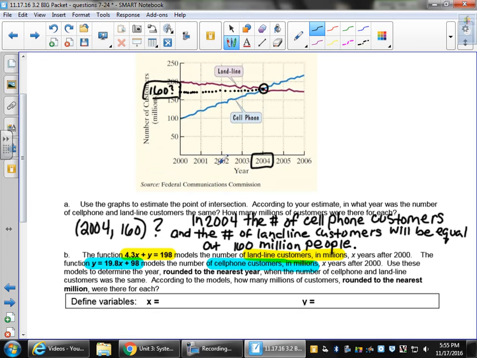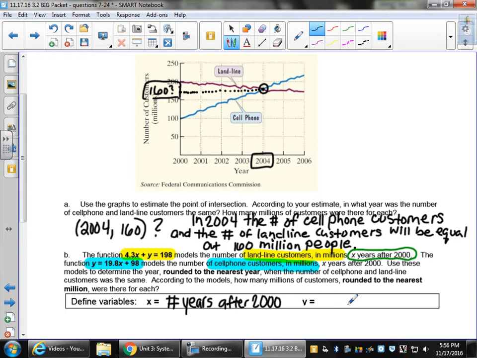It's kind of nice because if I have a graph, I really can just look at the graph. But if we don't realize that years is here, notice it tells me x years after 2000. So x will be number of years after 2000. And then once I know how many years it's been after 2000, I know the number of customers in millions. Another way of knowing that is it's saying that this function is modeling the number of cell phone customers in millions.